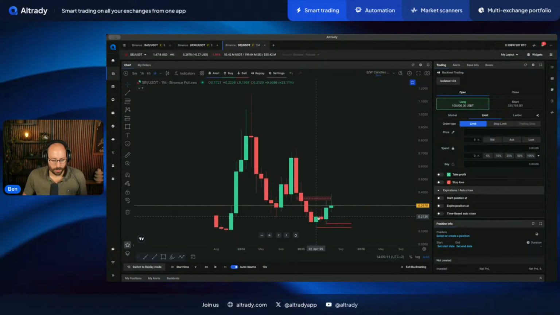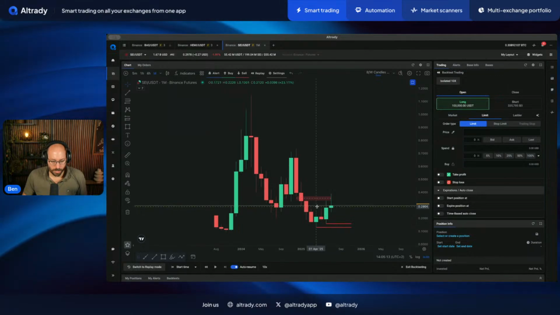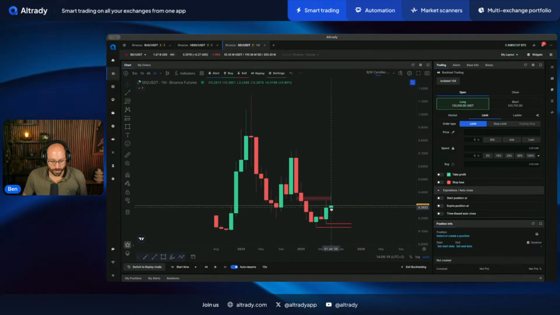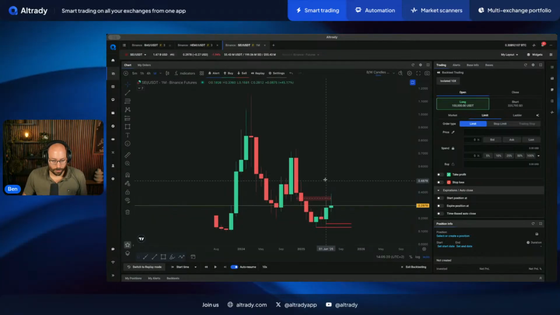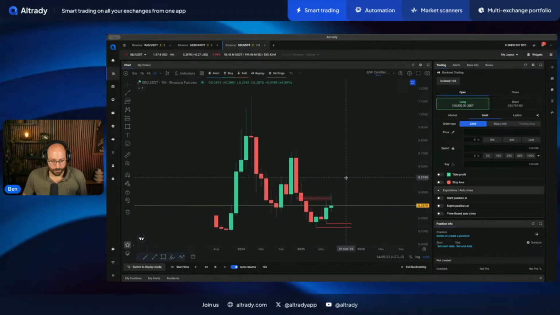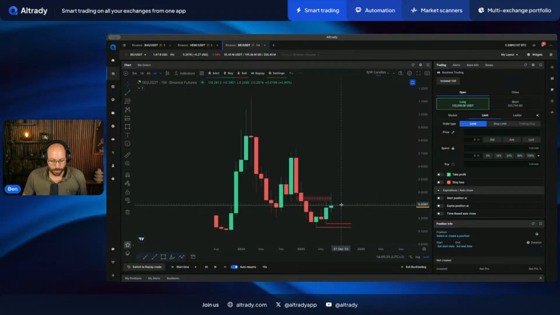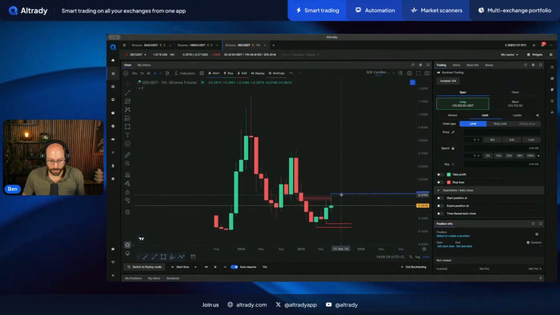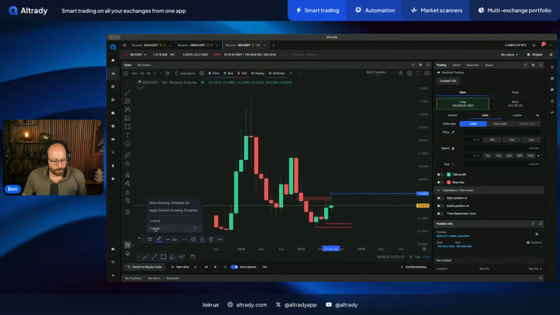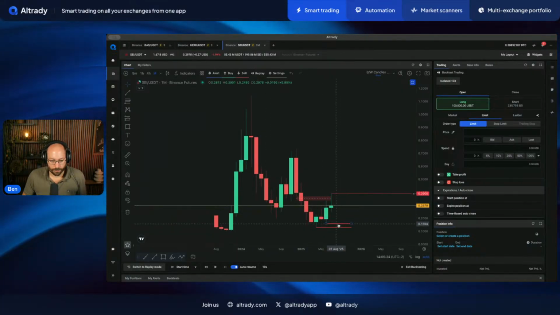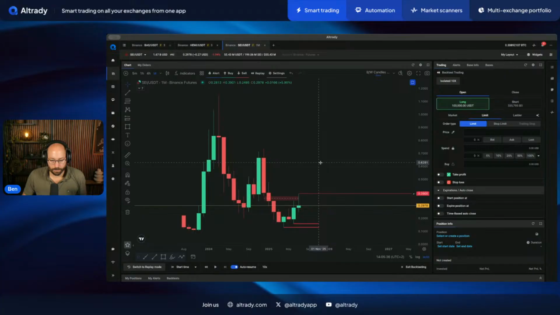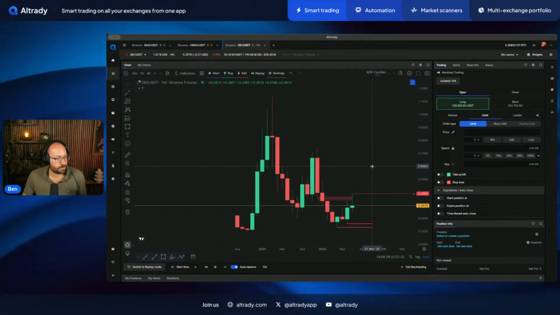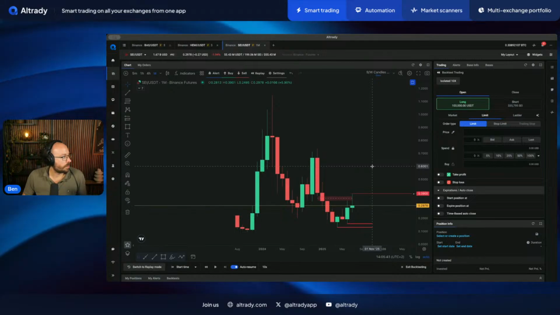It went through this fair value gap, then touched another fair value gap. It didn't really stop for this one. In terms of monthly target, for completeness' sake, we could probably use that one. Did I miss anything? I think it looks pretty good.